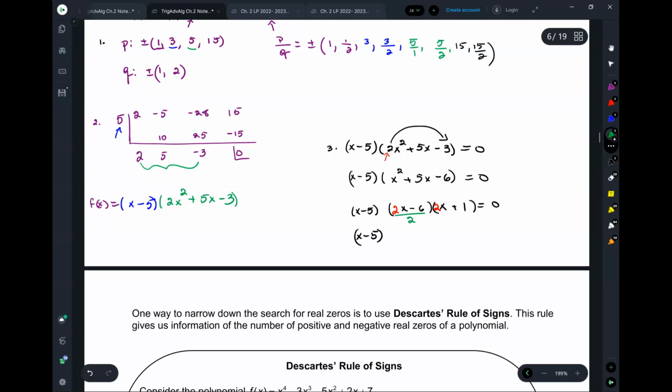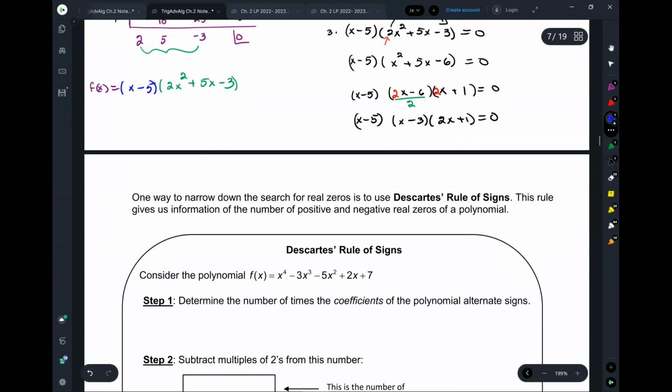So like this one, you can divide both by 2. So now that becomes x minus 3, 2x plus 1 equals 0. Okay, so now what are the zeros? X equals 5, 3, and x equals -1/2.